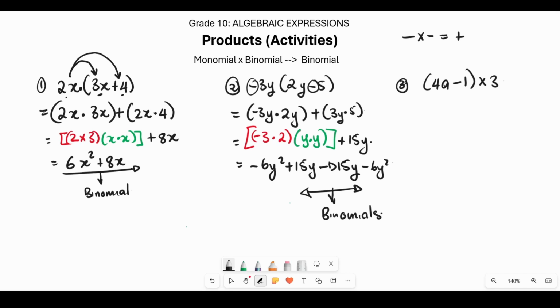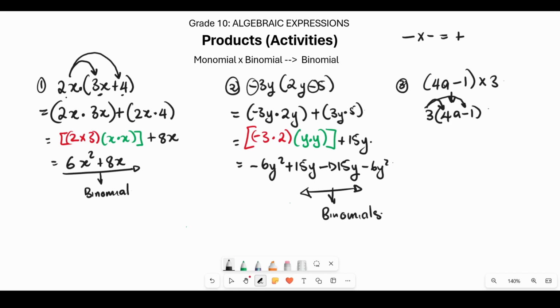Moving to the second one, this one here is a bit tricky because now the 3 is on the other side. Please note that this can be written as 3 multiplied by (4a minus 1). This was just to show you how differently it may be presented in a question paper. So in this case, let's multiply that and also multiply that. We don't have to get into too much deep context about the coefficients multiplying each other.